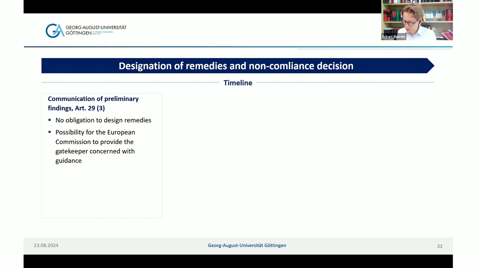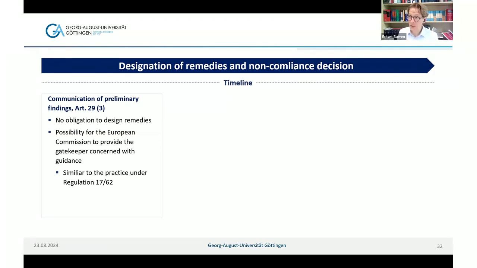It's reasonable to assume that after a non-compliance decision, we will have a certain kind of regulatory dialogue, or in conjunction with such a non-compliance decision. And this would actually be in line with practice that we had under Regulation 17/62, the predecessor of the now competition procedure regulation, because Article 3 of this Regulation 17/62 did not authorize the Commission to order remedies.